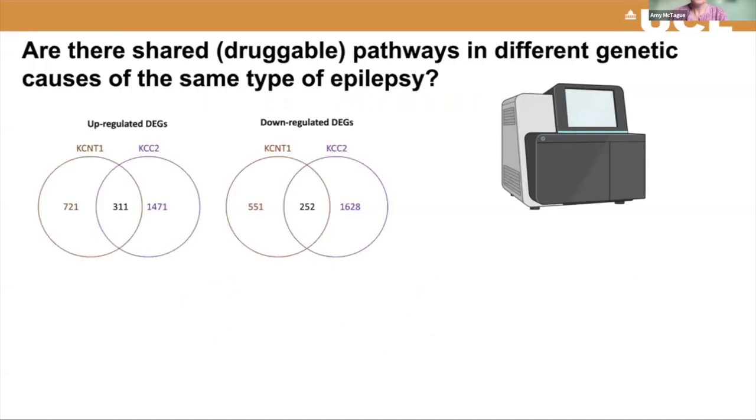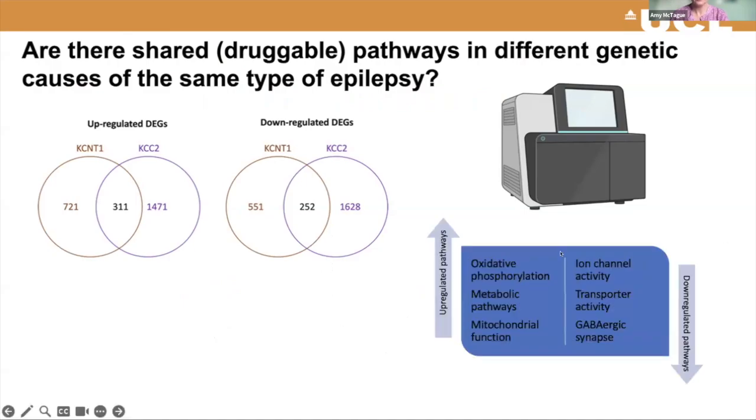One of the things I'm interested in as a clinician is that when I see patients with migrating focal seizures from different genotypes, be it SCN2A or KCC2, which is another gene I work on, they can have a different genetic cause, but exactly the same kind of epilepsy. So we wanted to see if there were common druggable pathways, which we could look at using bulk RNA sequencing between the two.